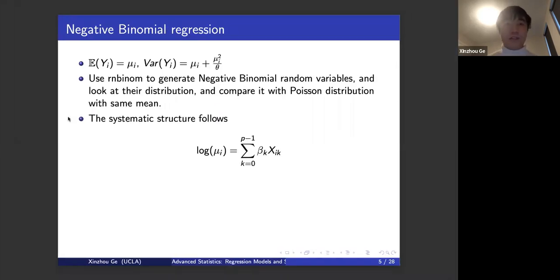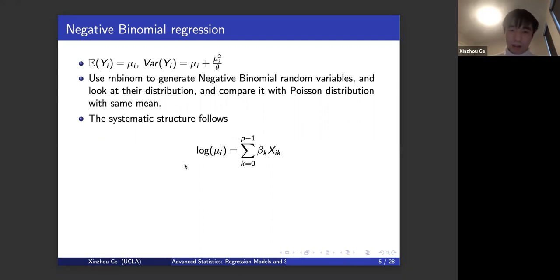Okay, so similar to the Poisson regression models, we want to make sure that the response has the same range as the predictor. So we want to make sure that the left-hand side is also from negative infinity to positive infinity.